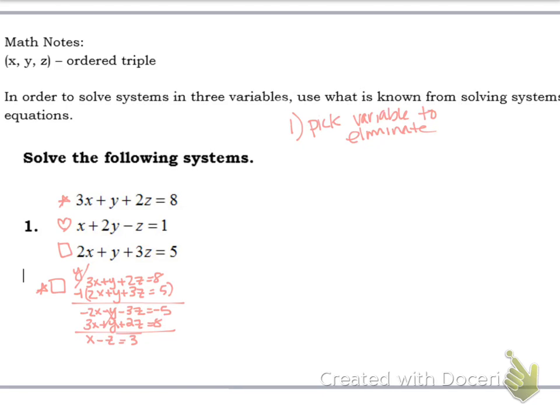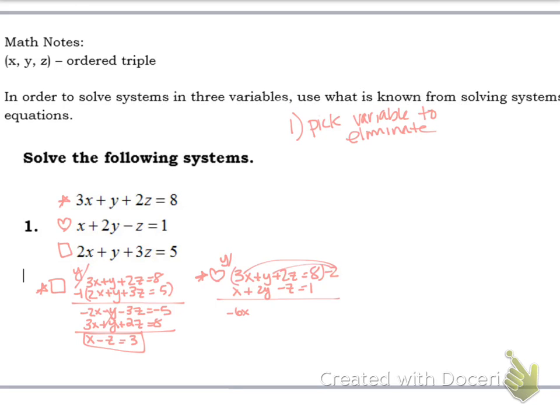Now I need to pick two different equations and eliminate the same variable. So now I could pick star and heart and eliminate y again. To eliminate y, I need to multiply this by -2, so it's the same number, one positive, one negative.